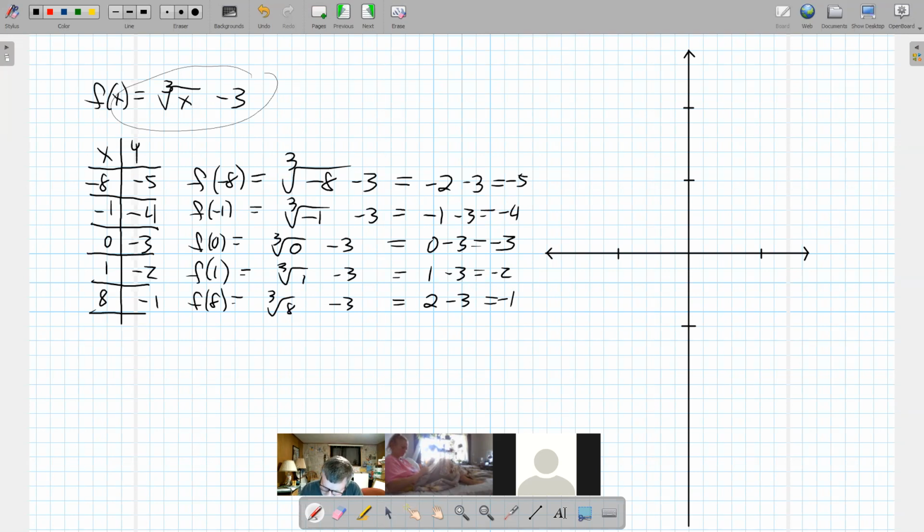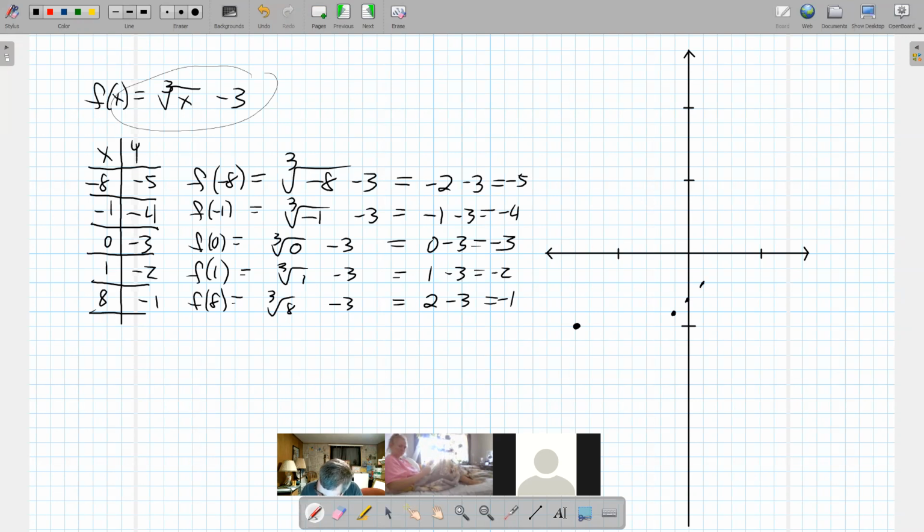So when x is -8, y is -5. So that's that point right there, -8, -5. When x is -1, y is -4. When x is 0, y is -3. When x is 1, y is -2.